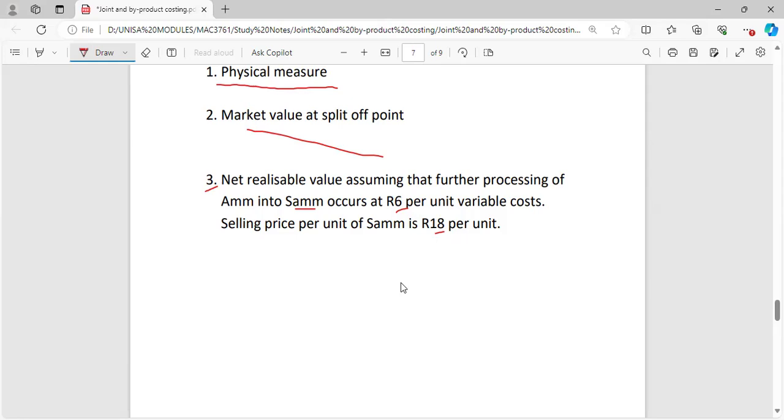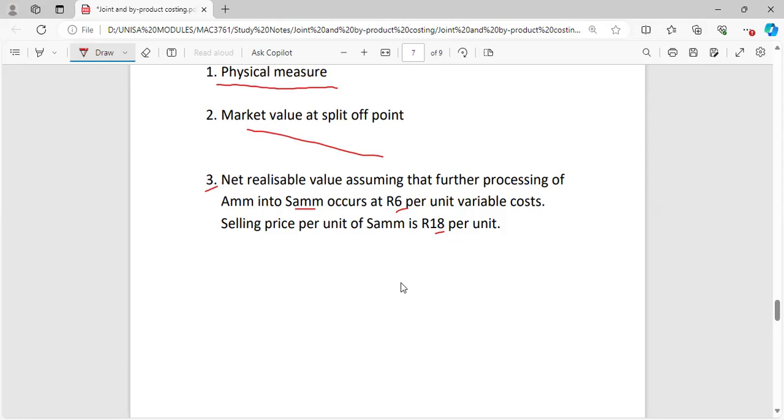Where do we start? Anyone with an idea, where do we start here? Yes. I think we start by calculating the net realizable value of SUM and the net realizable value of NUM. Then after we get the total of net realizable value, then we separate using the net realizable value.